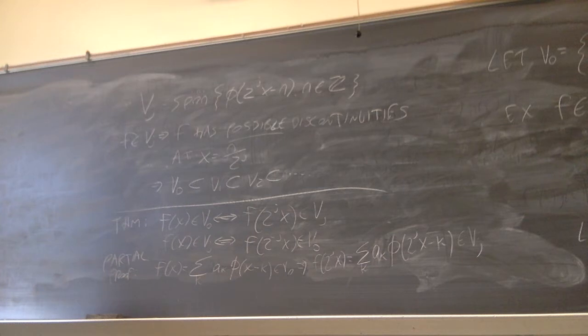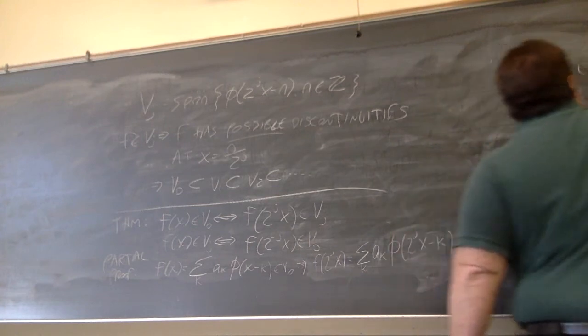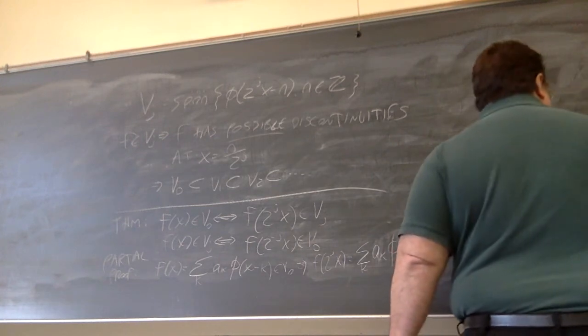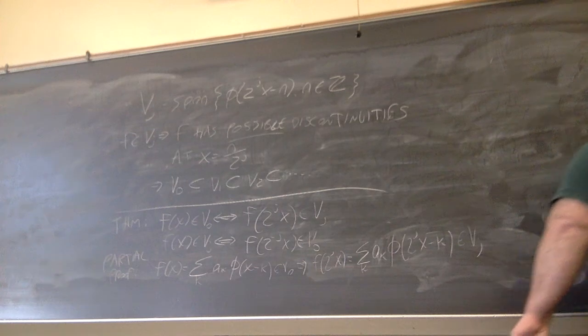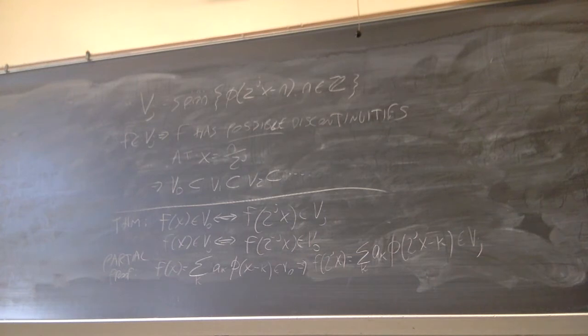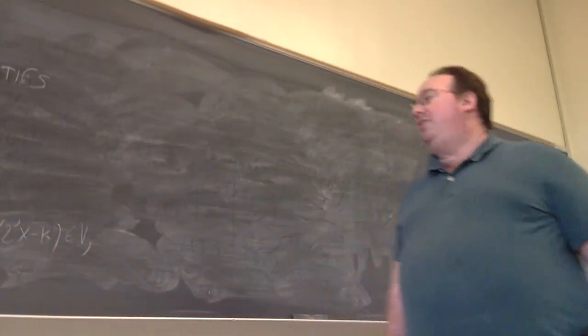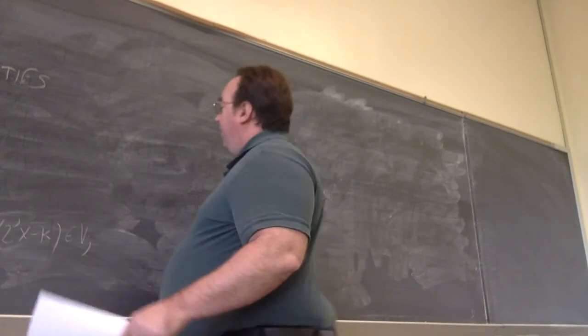Now, because the phi functions have such a simple form, being piecewise constant, it's actually quite easy to obtain an orthonormal basis for one of these spaces Vj in terms of these phi functions. But this property I just showed you is something that will come in handy a little later.